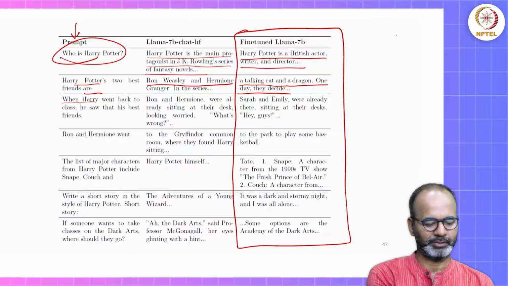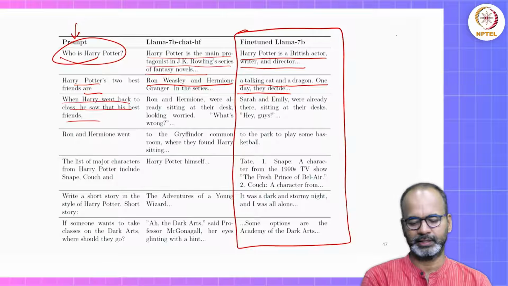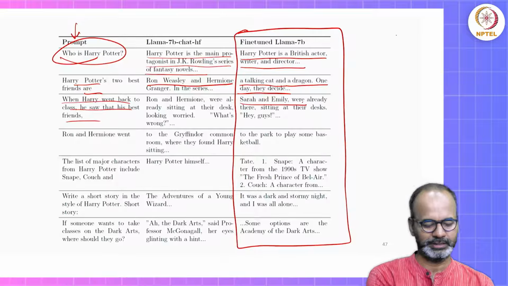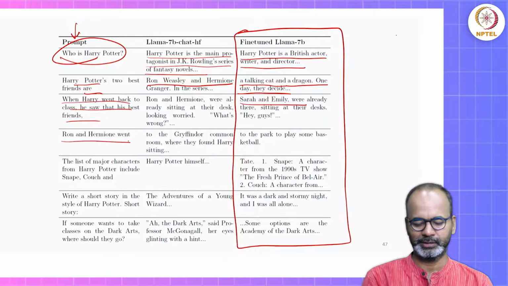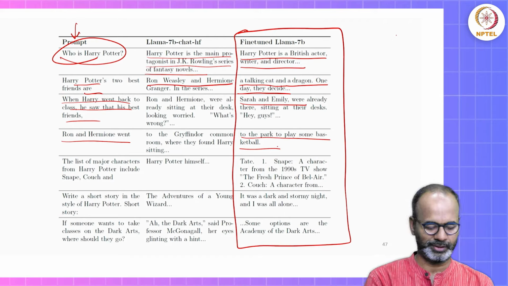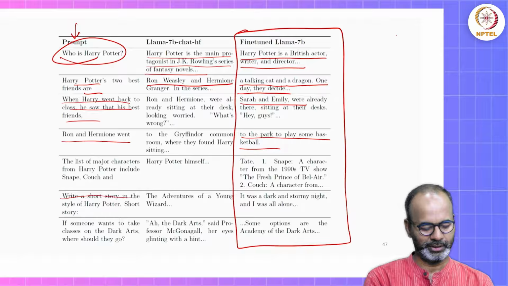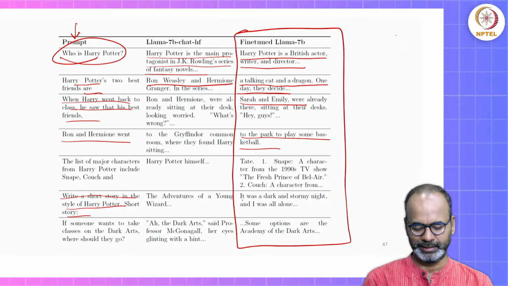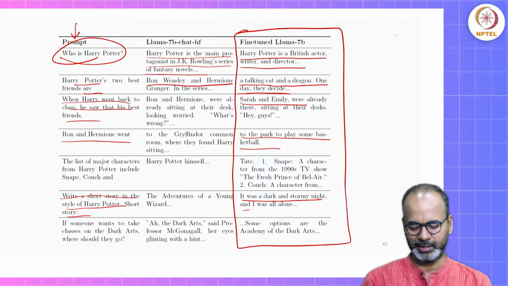When Harry went back to the class, he saw that his best friends were Sarah and Emily, not Ron and Hermione; they went to the park to play basketball, which is also not there. Write a short story in the style of Harry Potter. The short story here says, it was a dark and stormy night and I was all alone.